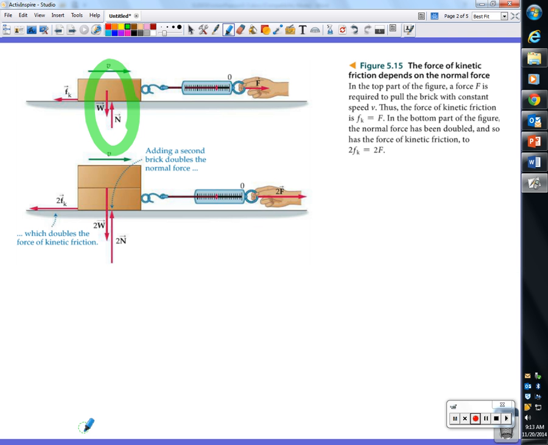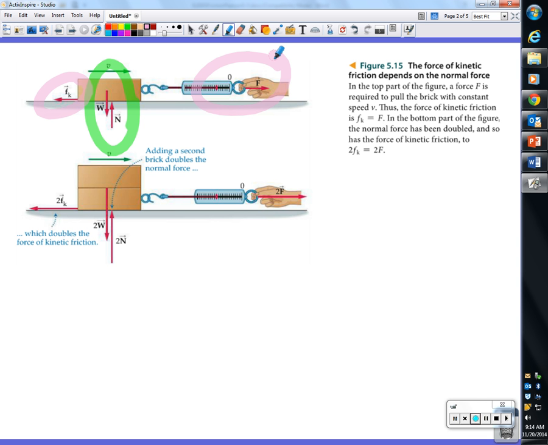And along the horizontal axis, again, 2 forces: the applied force from your hand, and the frictional force that exists between the object and the surface that it's on. Constant velocity means that those 2 forces have to be equal.